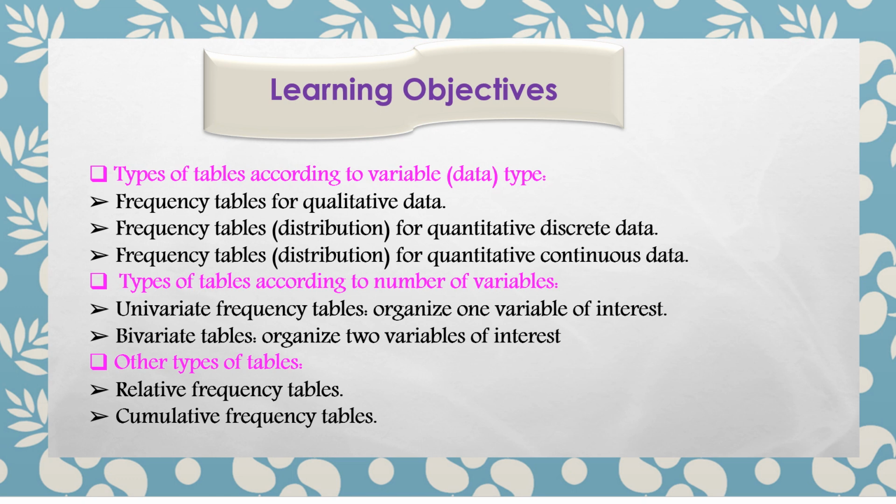Types of tables according to number of variables, and these are univariate frequency tables and bivariate frequency tables. Other types of tables: relative frequency tables and cumulative frequency tables.